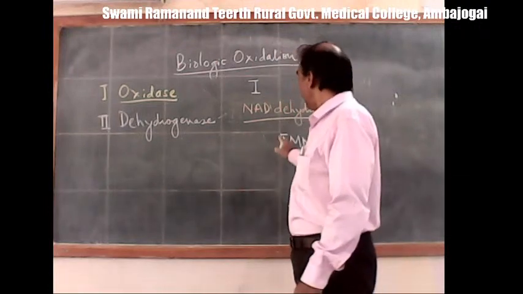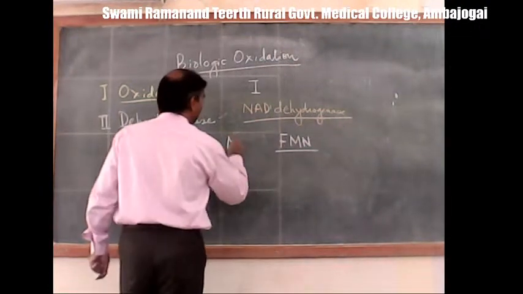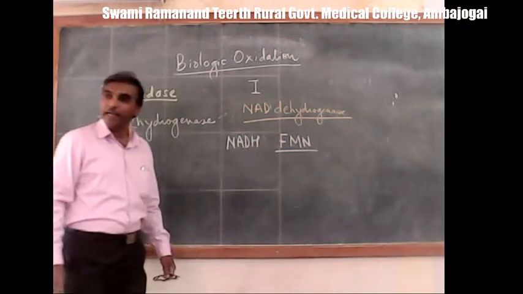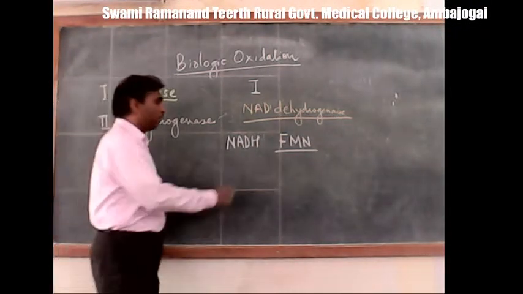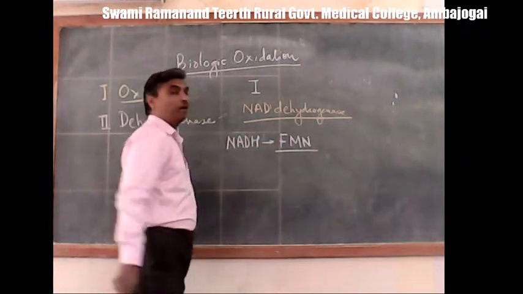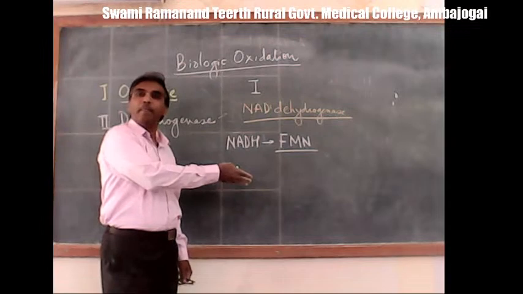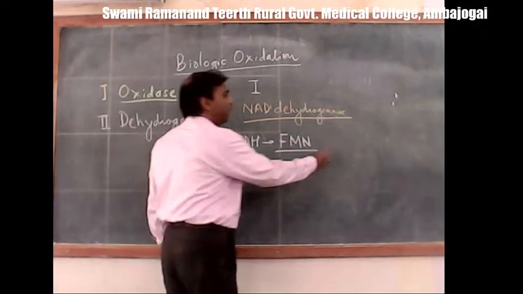So here the NADH that is formed gives protons or reducing equivalents to the FMN, and FMN is converted into FMNH2.